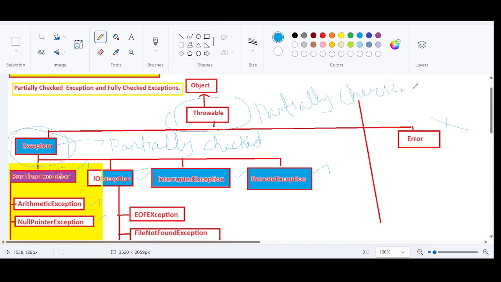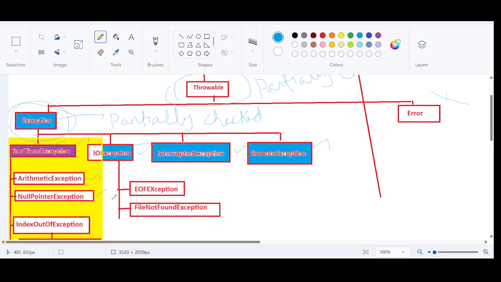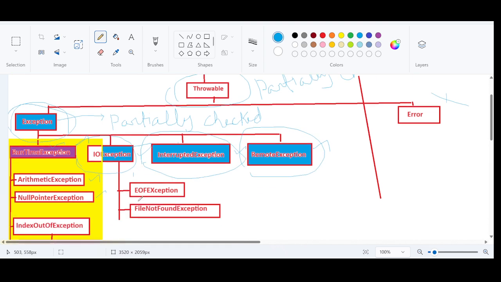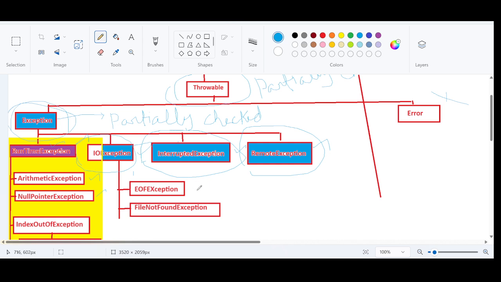Okay, then what is a fully checked exception? If anyone asks you which classes are called fully checked exceptions: IOException, InterruptedException, RemoteException. If you check their subclasses, all the subclasses are completely checked. There are no subclasses existing under these particular exceptions which is an unchecked exception.